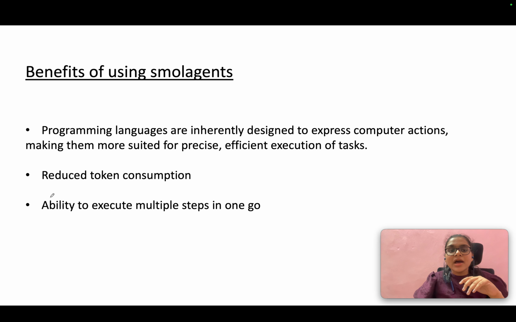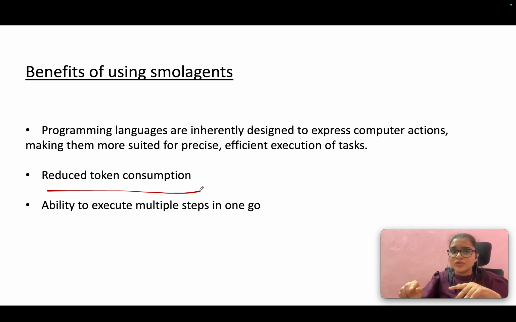We also have reduced token consumption. Since we are no longer using JSON format for tool calling and are using code, we are reducing the tokens required for the JSON format. And we can execute multiple steps in one go.